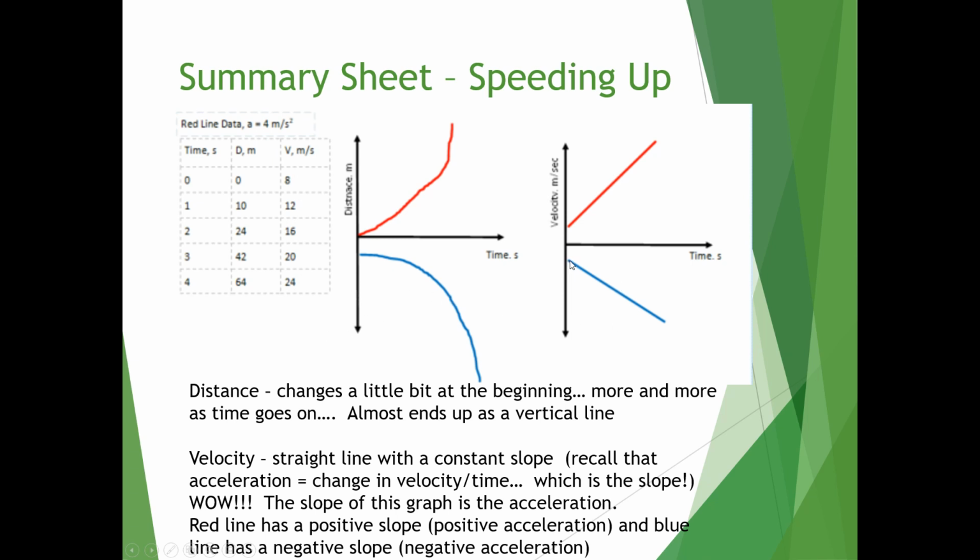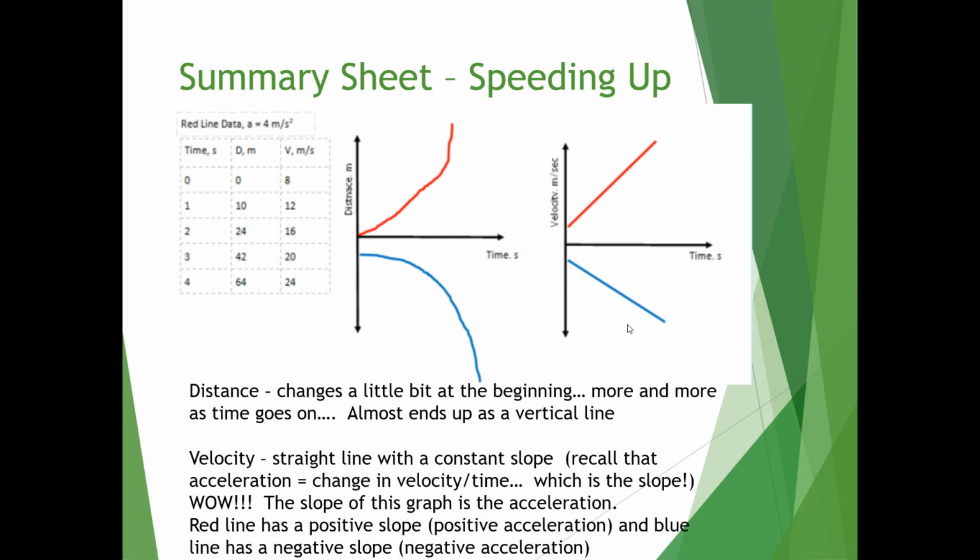So your distance is going to change a little bit at the beginning and increase much more rapidly as time goes on. And your velocity is going to have a negative slope on this velocity versus time graph. And since the slope is negative, you're going to end up with a negative acceleration.